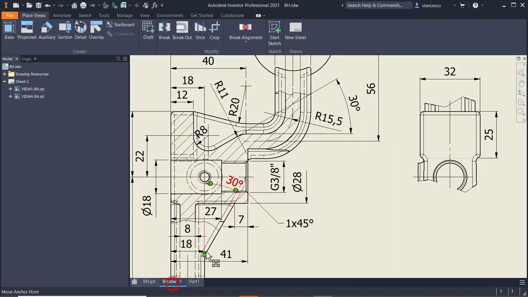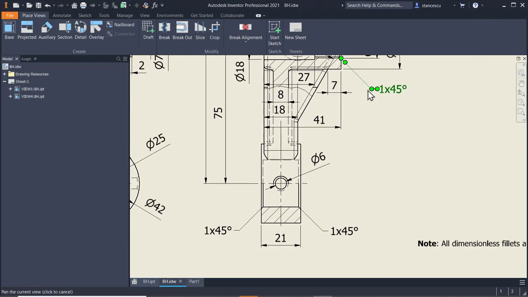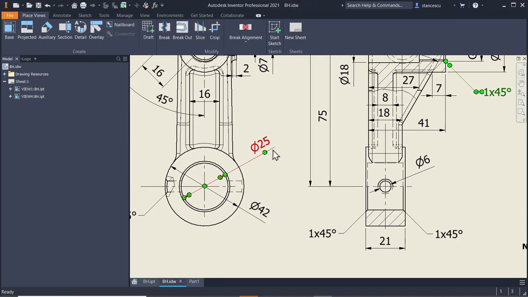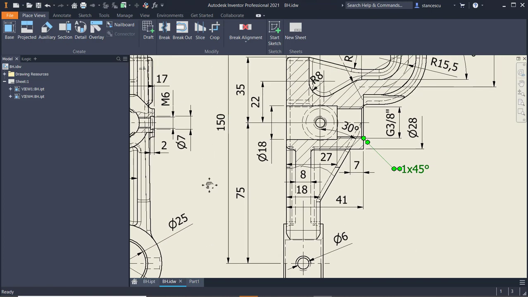Now holes. This is a hole of 25. This is a counterbore hole of 18 with the end of gauge 3/8 inch.